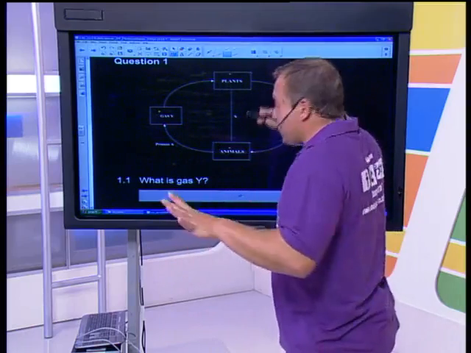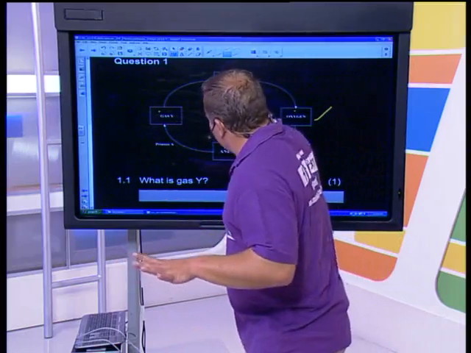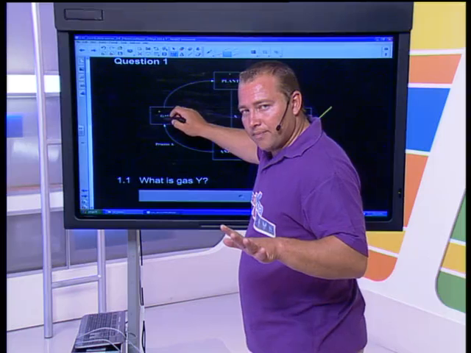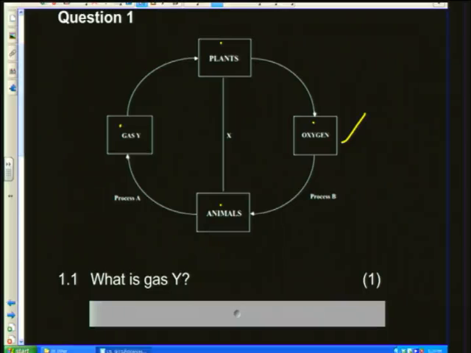The plant takes in gas Y, goes through a whole process, and gives off oxygen. The animal takes in the oxygen, goes through this whole process giving off gas Y, and the plant takes in gas Y.